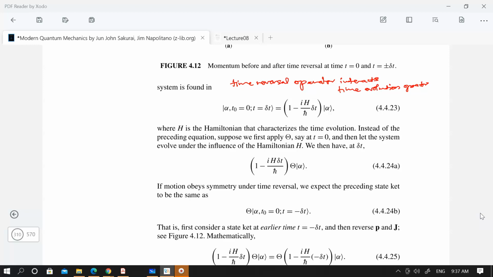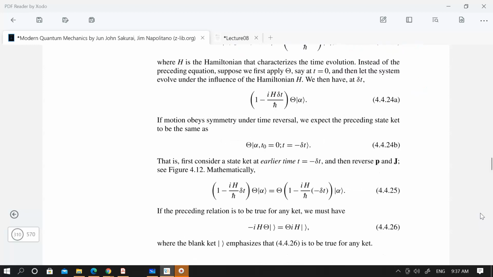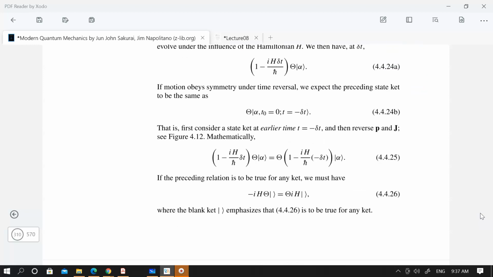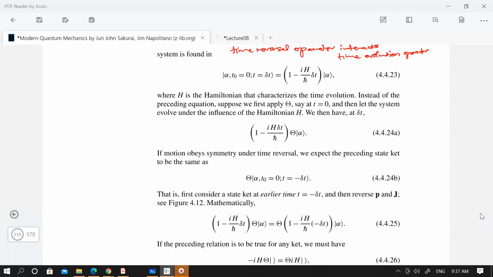But one should also remember the antilinear part, which somehow it doesn't actually say here, or maybe later. Here is the time evolution operator acting on your state alpha, and then one could consider the case of your time reversed state, given by this, and then time evolve it again.